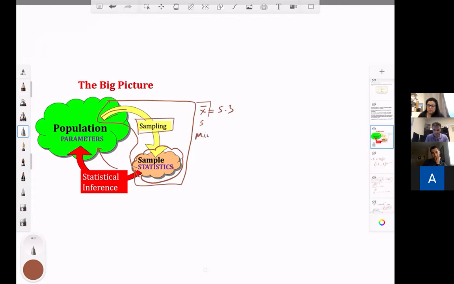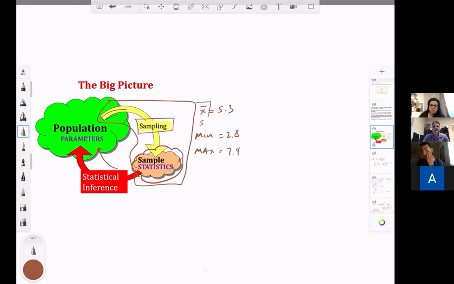If you see a minimum, maximum, the minimum height was like 2.8, the maximum was 7.4, for example. All of them make sense. We can study the sample with the computer.